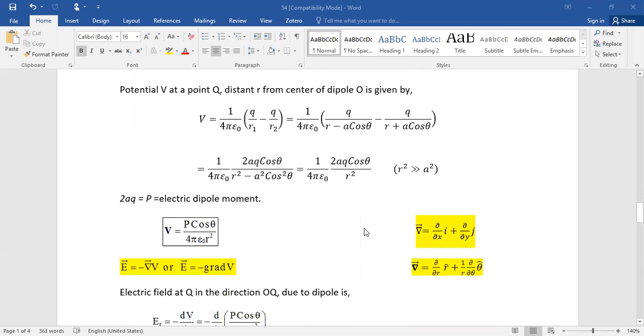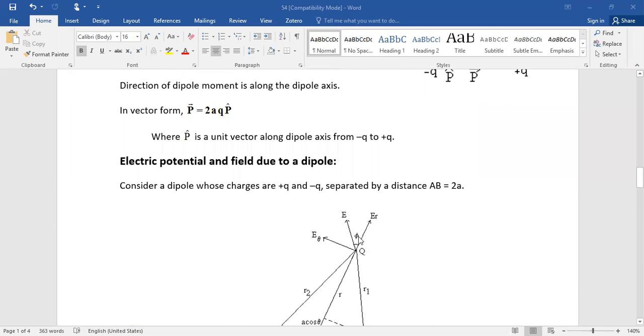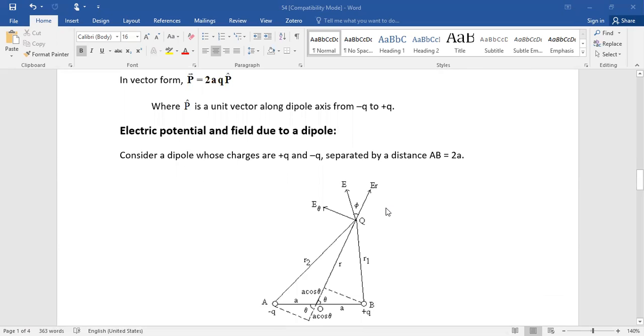The net electric field is at an angle phi from the radial component. ER is the radial component, and from the radial component, the net electric field is at angle phi.